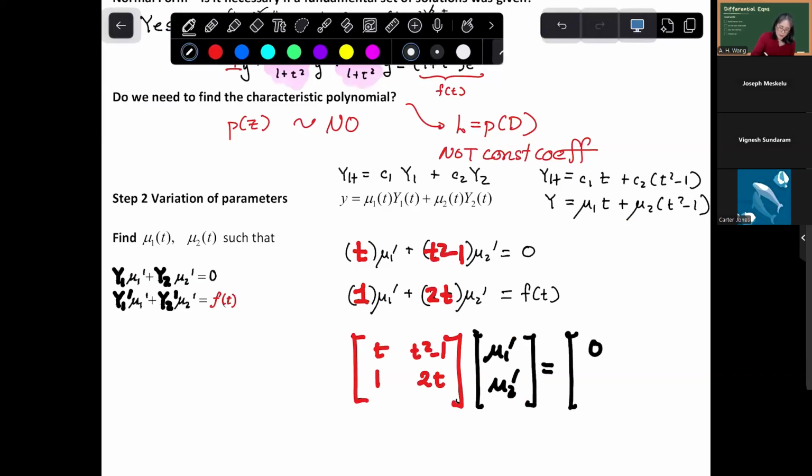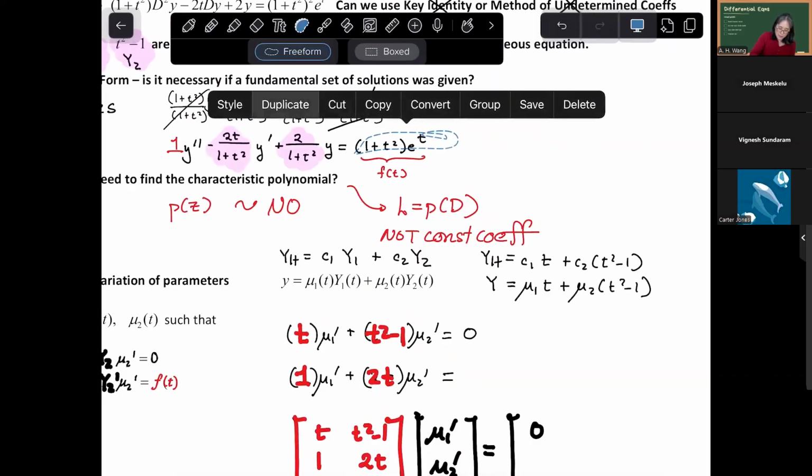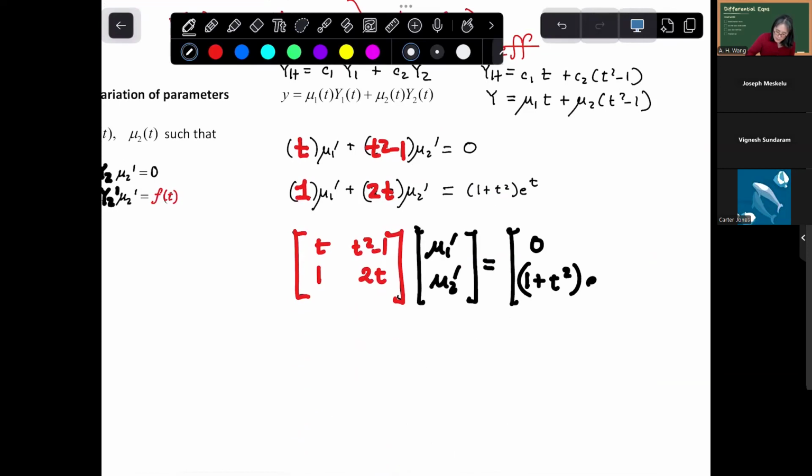Oh, I should have written down the correct f of t. What was it again? Oh, it was this thing. Do you see how you had to do normal form? You have to put the right one right here, so you write 1 plus t squared e to the t. Remember, we gave you a fundamental set, so the Wronskian is non-zero. So for Ax equals b, you know that A inverse will exist.